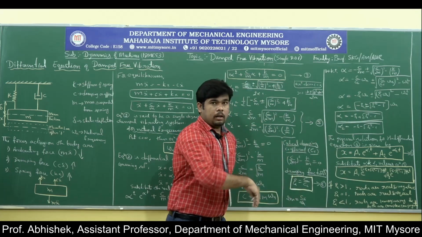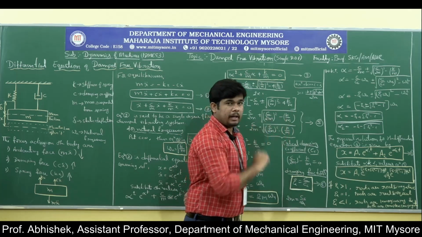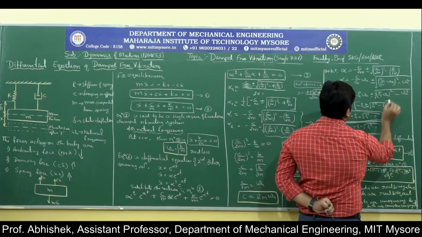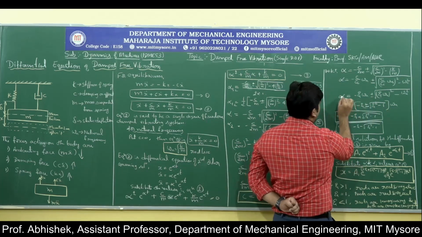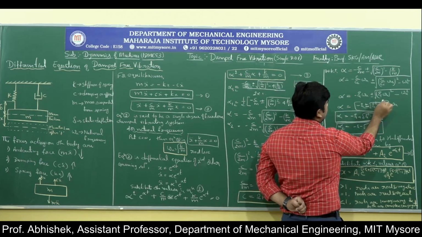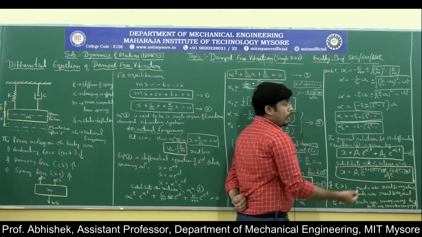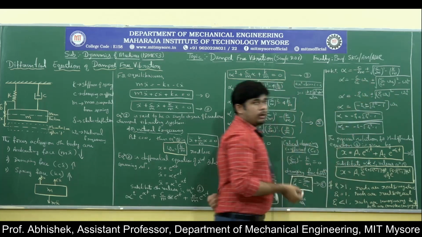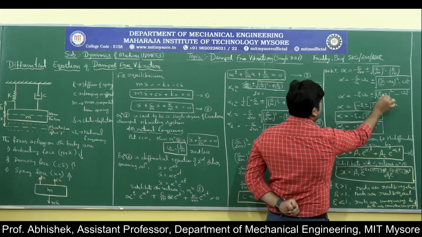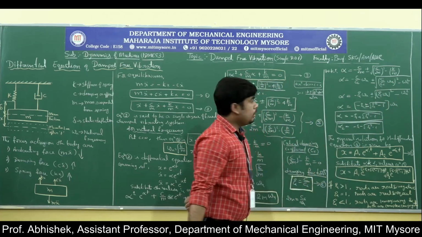Just replace 1 by 2m by omega n by cc. Then I get alpha is equal to minus zeta into omega n plus or minus the square root of (zeta into omega n) whole square minus omega n square. Why? Because c by cc is the damping factor, that is zeta. So wherever c by cc appears, just write zeta.